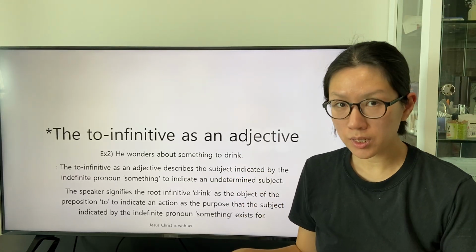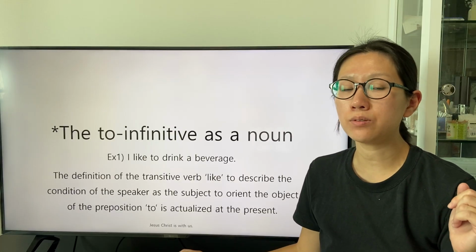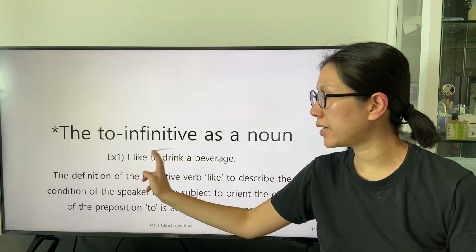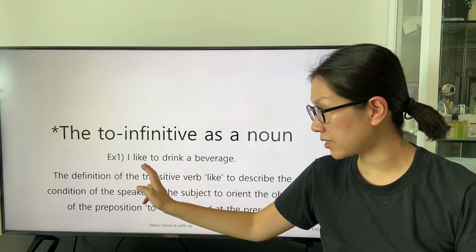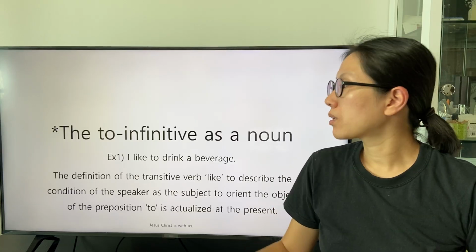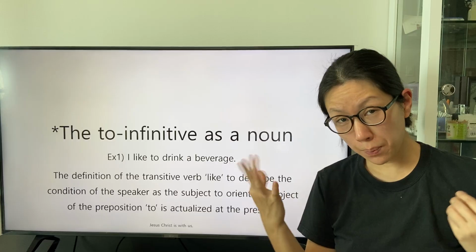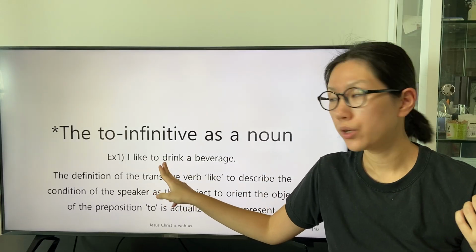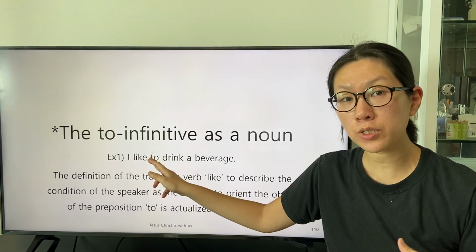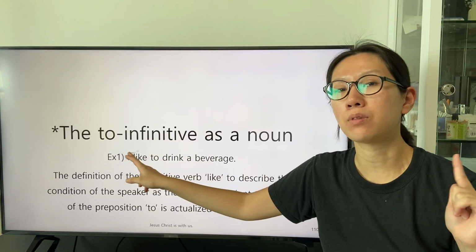We reviewed that a to infinitive is applied as an indication with this clause. In this clause, the to infinitive is applied as an object of the transitive verb like. The object, that is the proposed action of the speaker, who is the subject of the preposition to, as well as the subject of the transitive verb like.